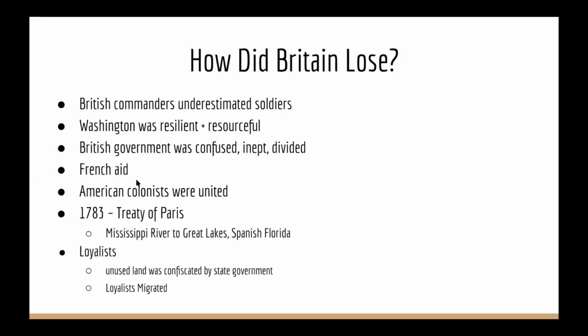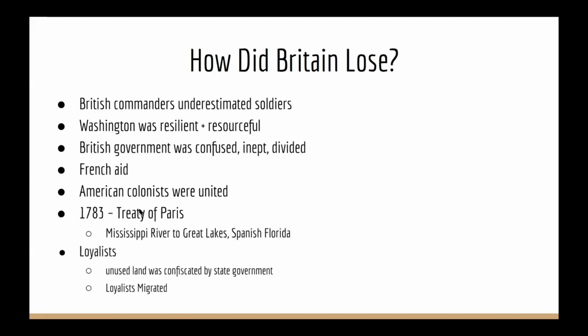So the French and Prussian aid was really, really helpful as well. And then obviously America won, and in 1783 the Treaty of Paris was passed, and basically gave American independence from the Mississippi River to the Great Lakes and part of Spanish Florida.